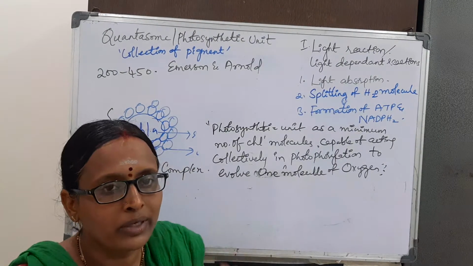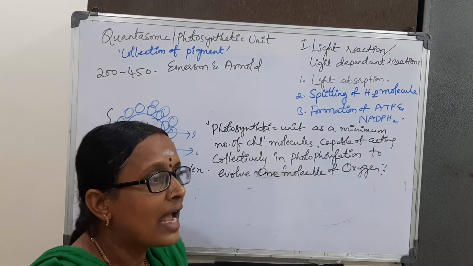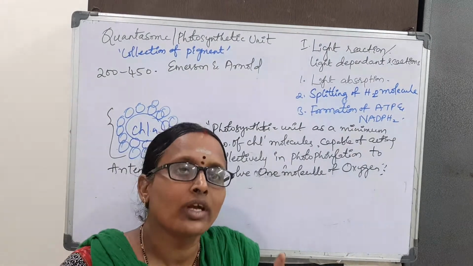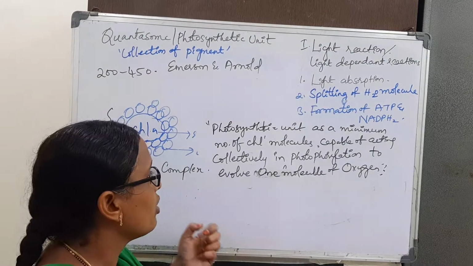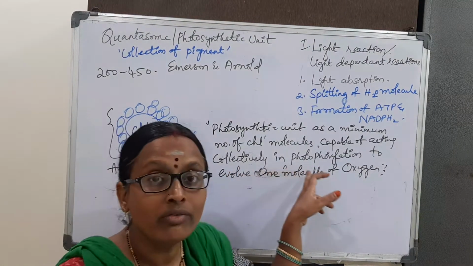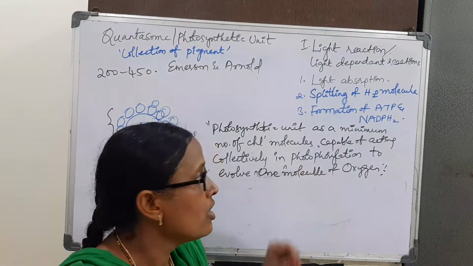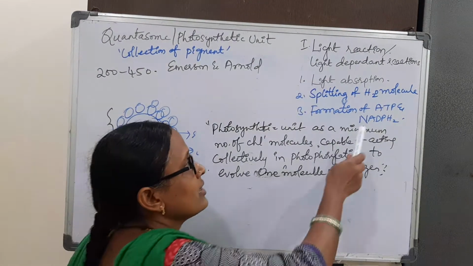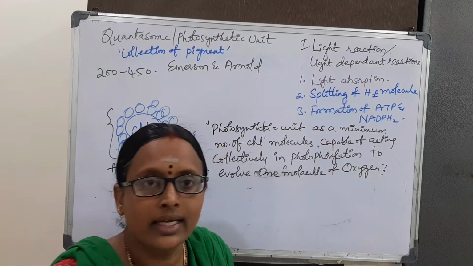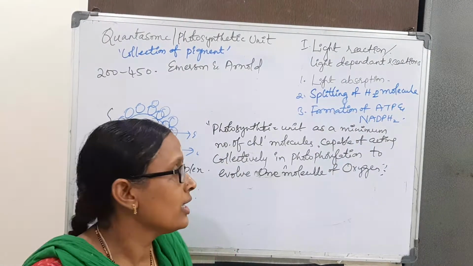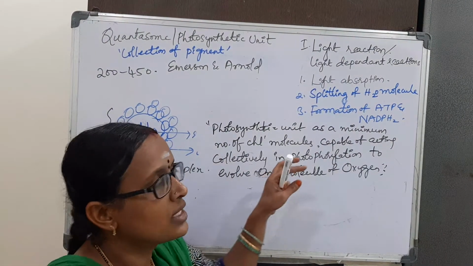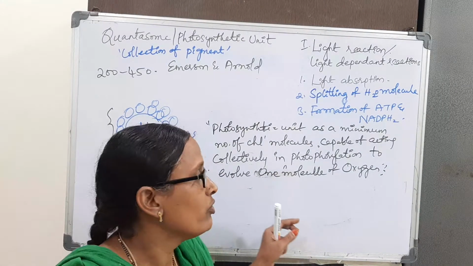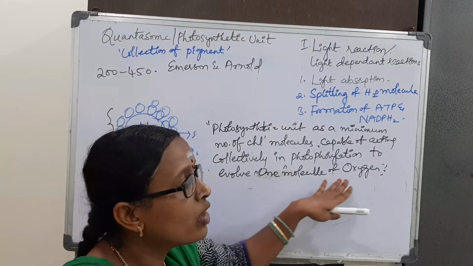Some group of pigments are gathered collectively. They act like an antenna to capture the light in the form of photons. Photo means light, phosphorylation means synthesis of ATP and NADPH2. So they are collectively acting to synthesize the assimilatory powers and to evolve one molecule of oxygen.